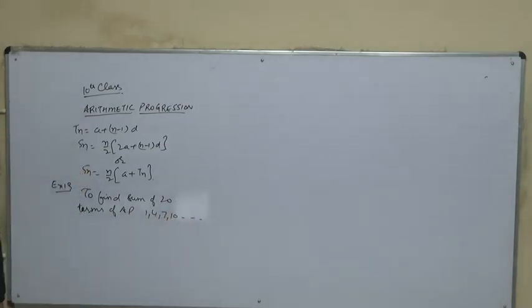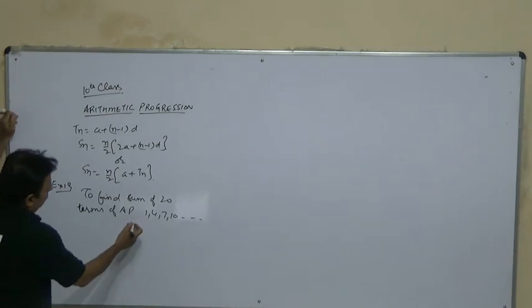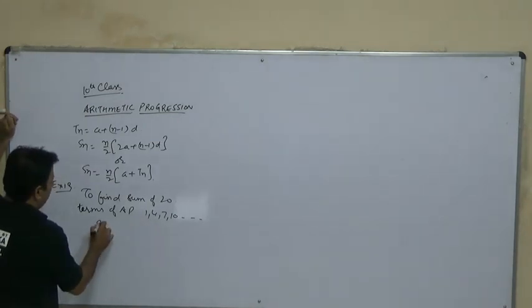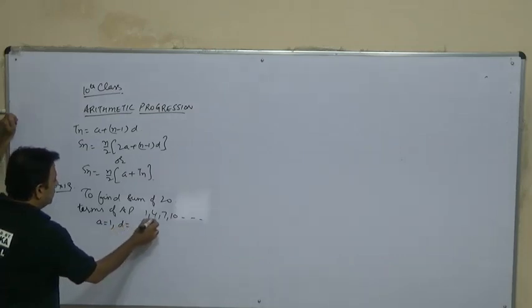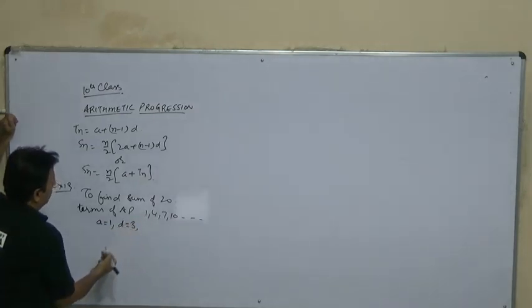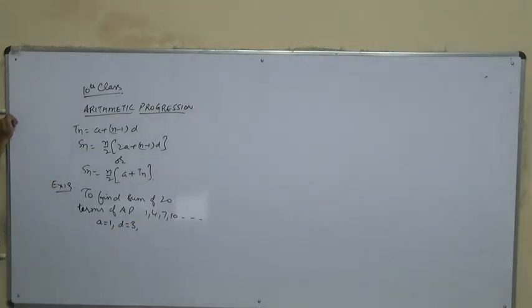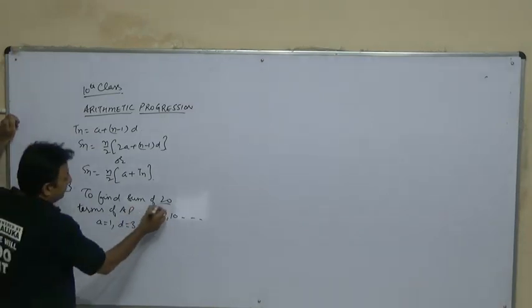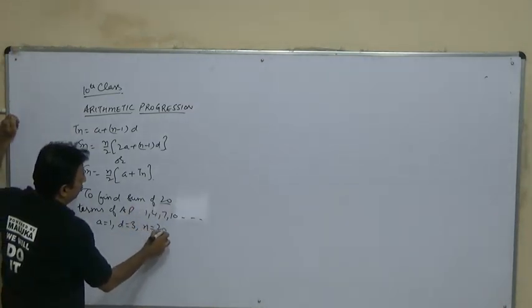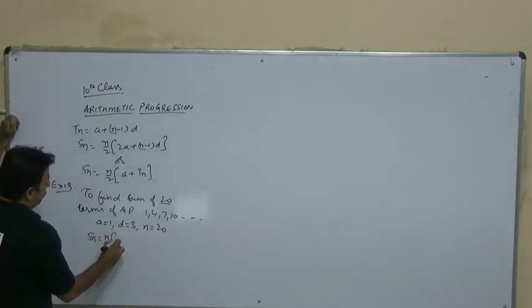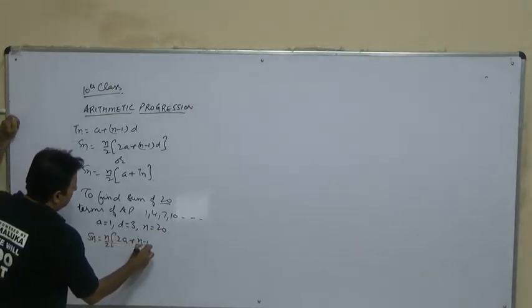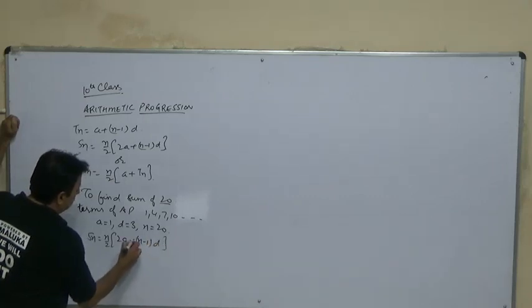So, how do we get this? For this we will use the formula for Sn. From the AP, the first term A is 1, D is 4 minus 1, which is 3, and N is equal to 20. Sn is n by 2, 2a plus n minus 1 into d.